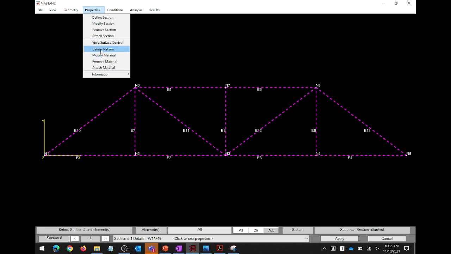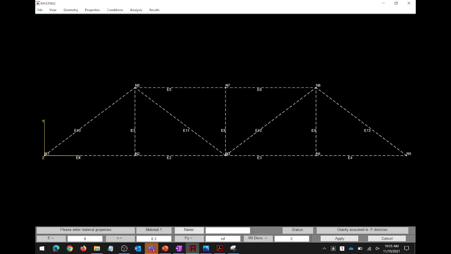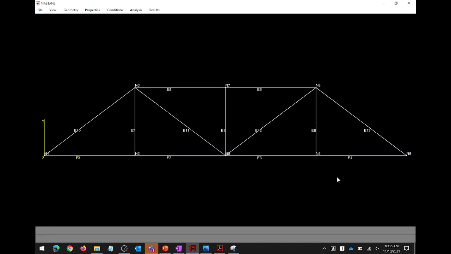Geometry or properties, define material. Let's call it steel. Let's do 29,000. Hit apply. Properties, attach material to all. Hit apply. So we've got our truss defined.